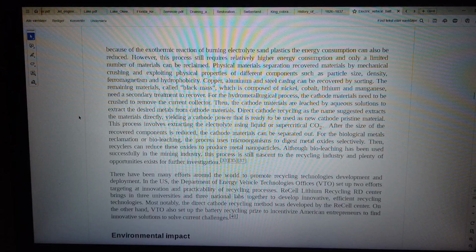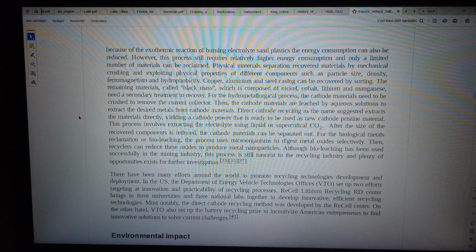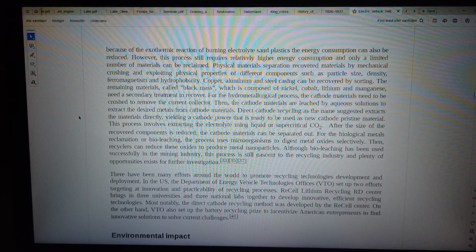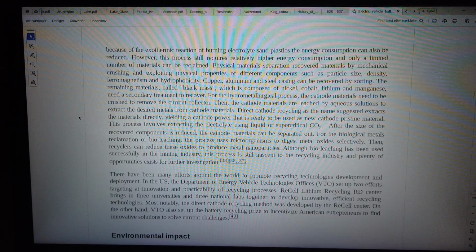Physical materials separation: materials are recovered by mechanical crushing and exploiting physical properties of different components such as particle size, density, ferromagnetism and hydrophobicity. Copper, aluminum and steel casing can be recovered by sorting.